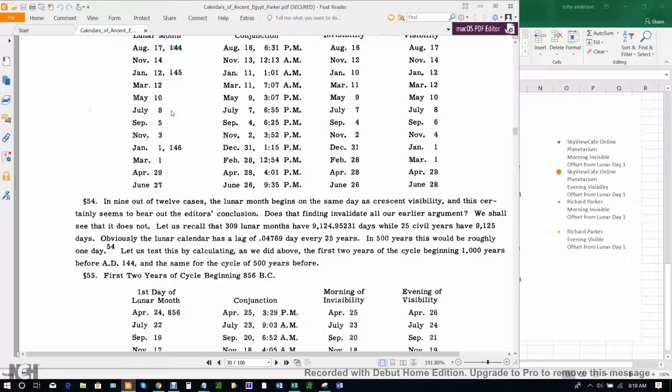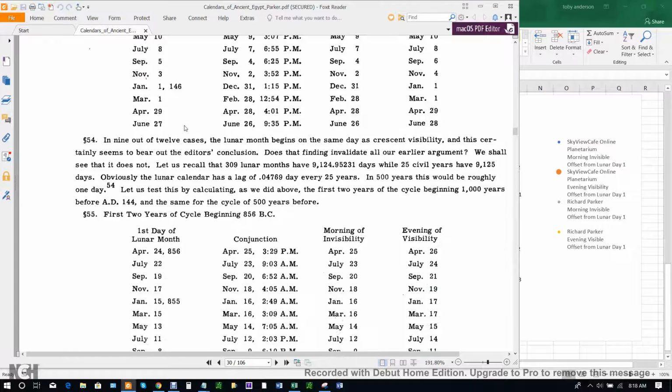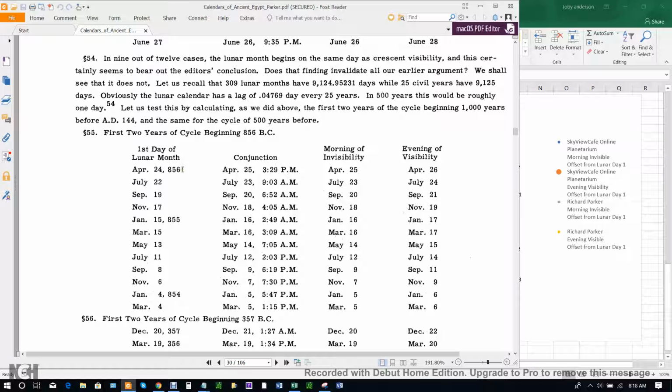The 25-year cycle that this is in starts 25 years previous. Okay, so he looks at also other years, and 856 is how far back he goes.